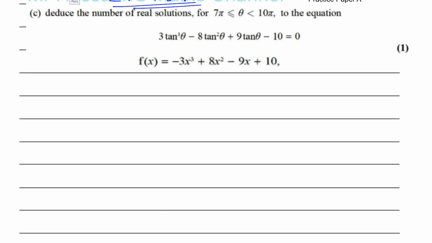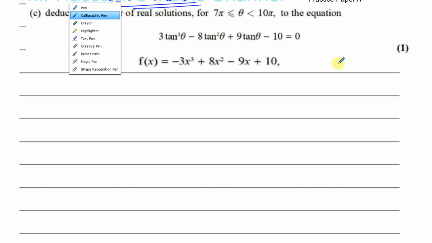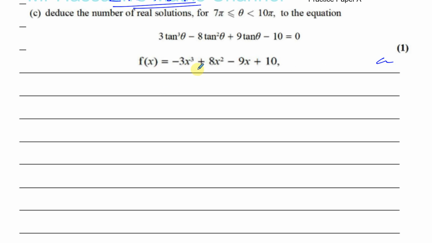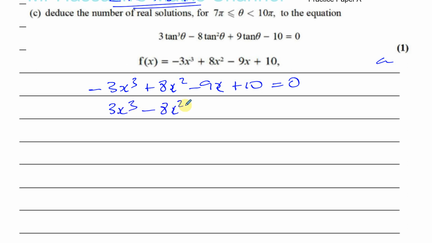Okay, so now we can see here that this looks almost the same as this. You've got minus 3x cubed plus 8x squared minus 9x plus 10. If I make that equal to 0 and I multiply everything by minus 1, I'll get 3x cubed minus 8x squared plus 9x minus 10 equals 0.